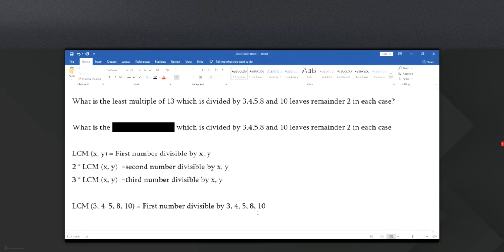If you do this, you will get 120. So the LCM of all these numbers is going to be equal to 120 here.